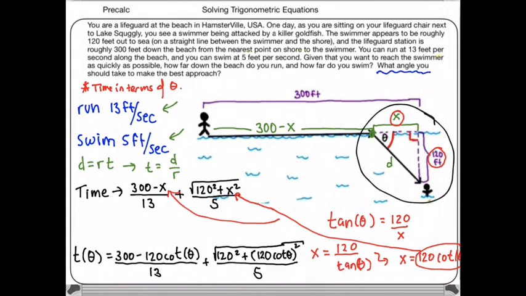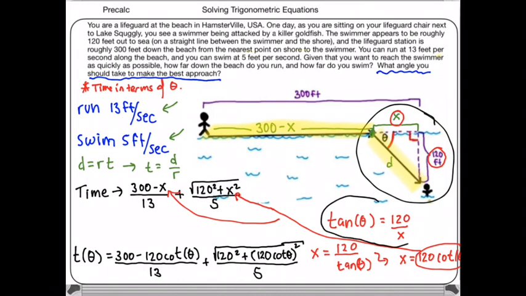What angle should you take for the best approach? It also wants us to say, given that you want to reach the swimmer as quickly as possible, how far down the beach do you run, and how far do you swim? So it also wants this distance right here and this distance. Since we have x, we can take this part right here.